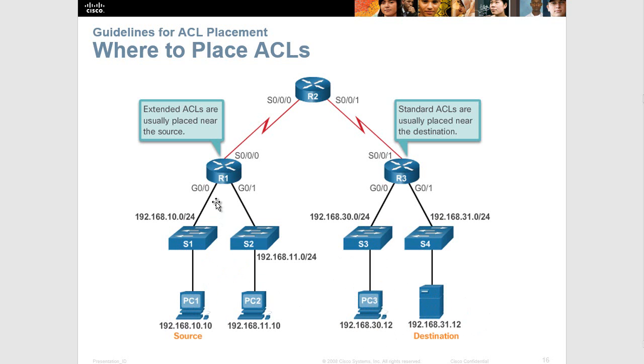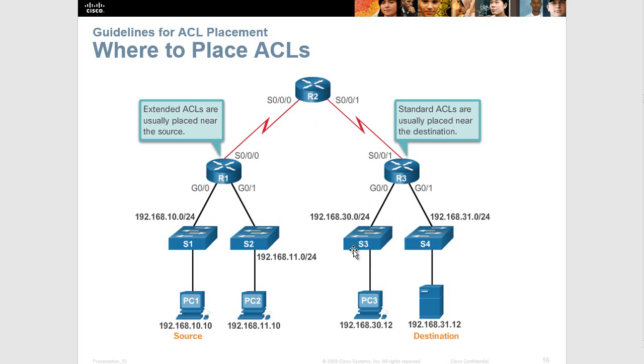If I place a deny statement in my access control list over here closest to the source, well, you're denied access to anywhere, essentially. Okay, you're not going anywhere but within the local network because you've denied access to this source IP address.